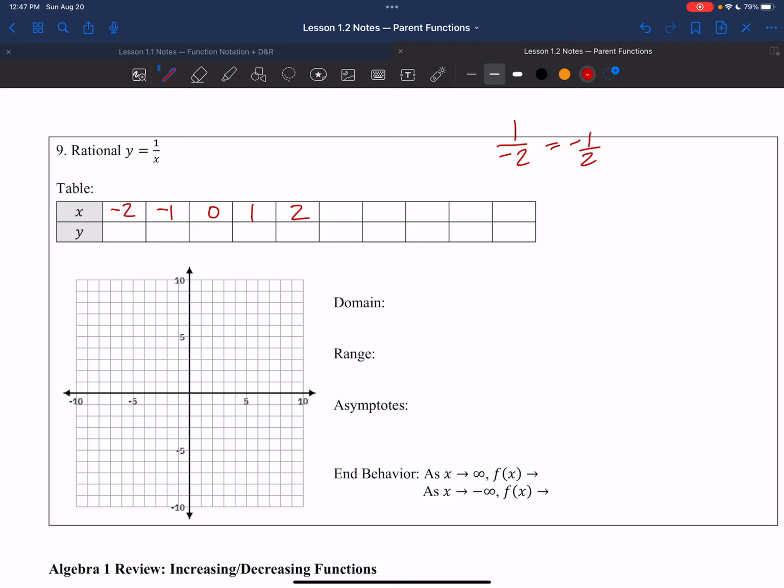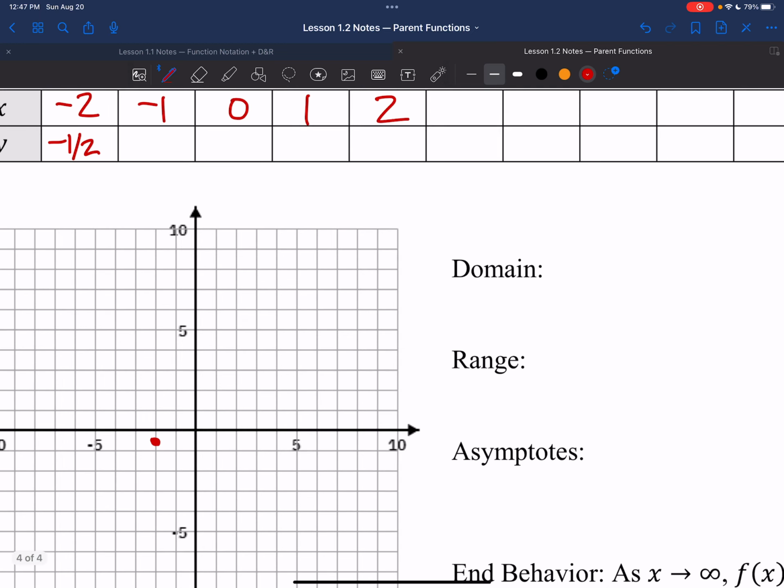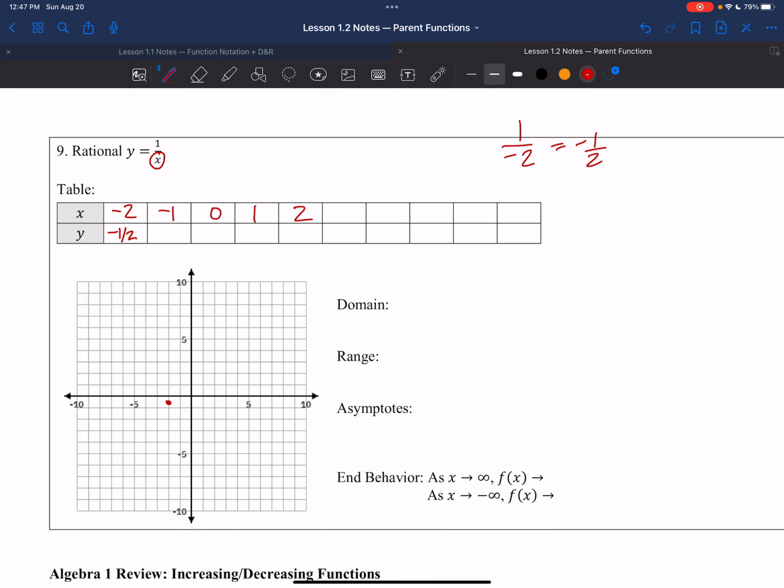Correct, because that's what we're doing, right? We're plugging in -2 here. So this is -1/2. So -2, comma, -1/2. Like that. -1, that's 1 divided by -1, which is just -1. So -1, comma, -1. Like so.